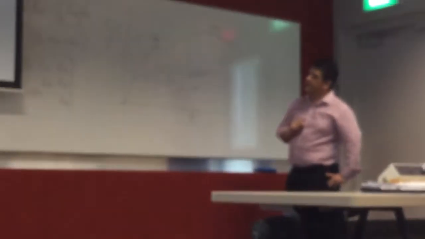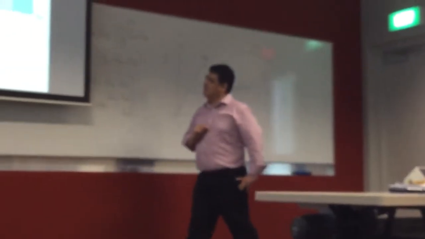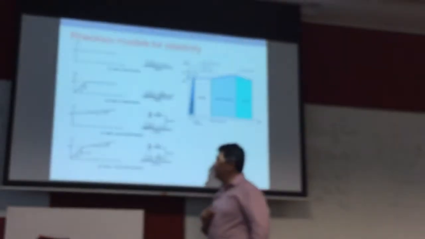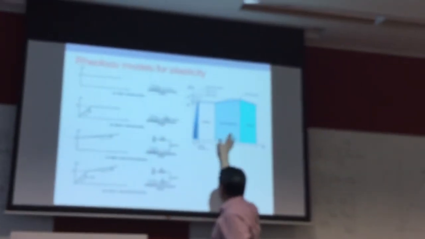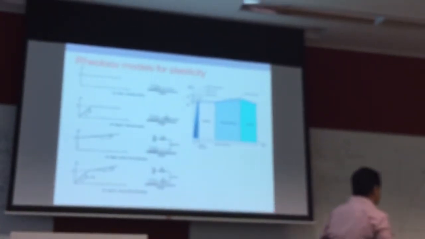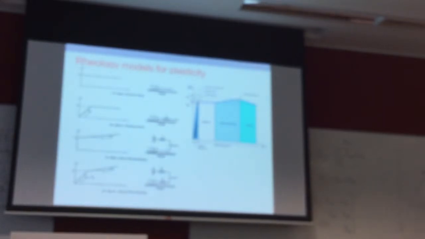Now, plasticity would like to come up with a model wherein you want to imitate or predict this stress strain curve. None of them are perfect. These are just so-called models to be able to determine the stress strain of a certain material.